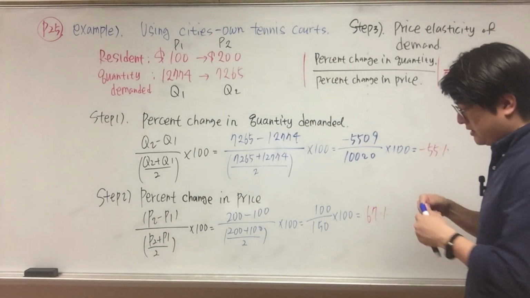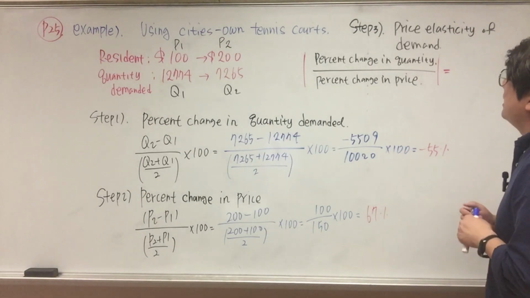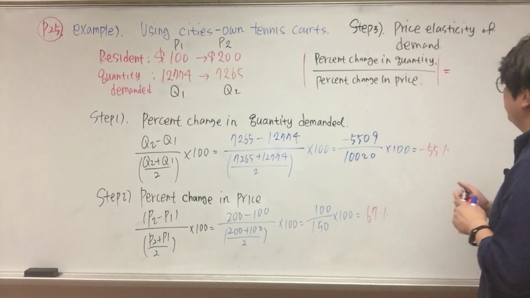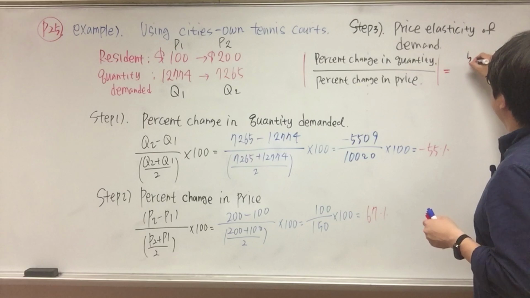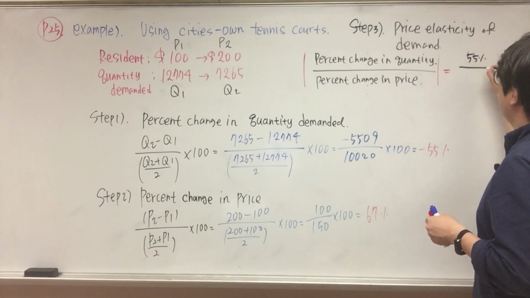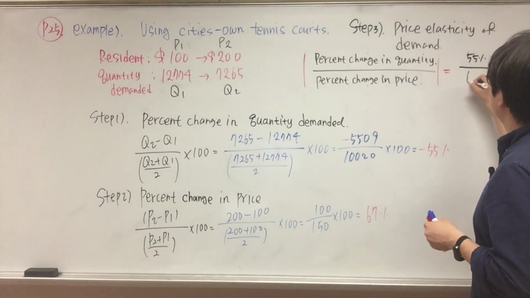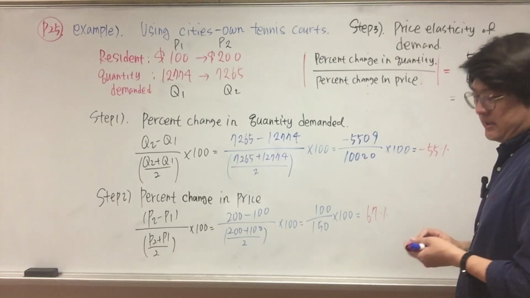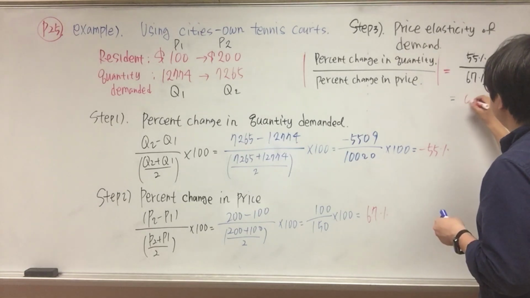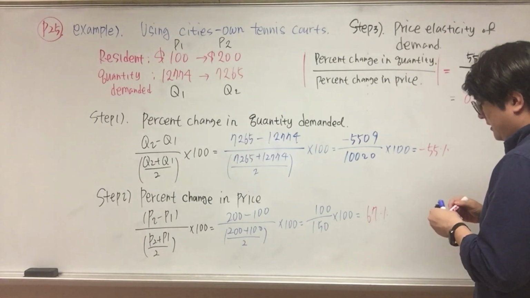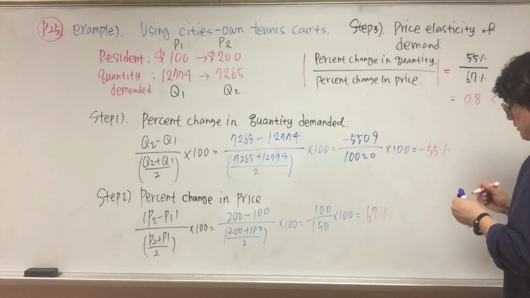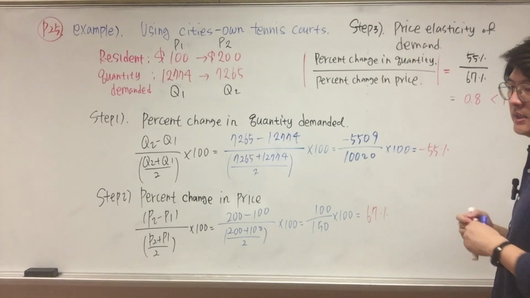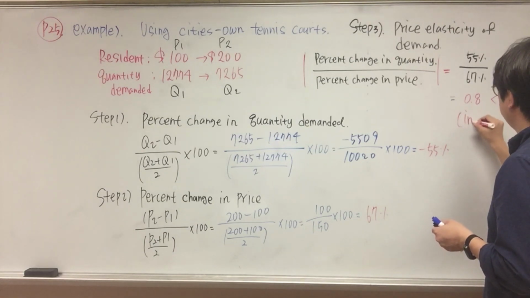We just ignore the negative sign. So the percent change in quantity is 55%, divided by 67%. What was that? 0.8, which is less than 1. What is that? It is inelastic.